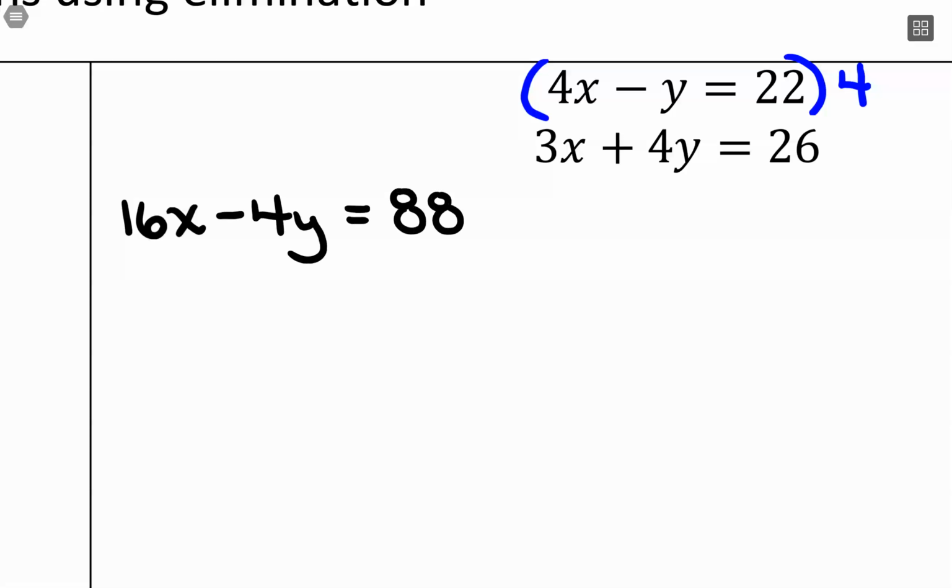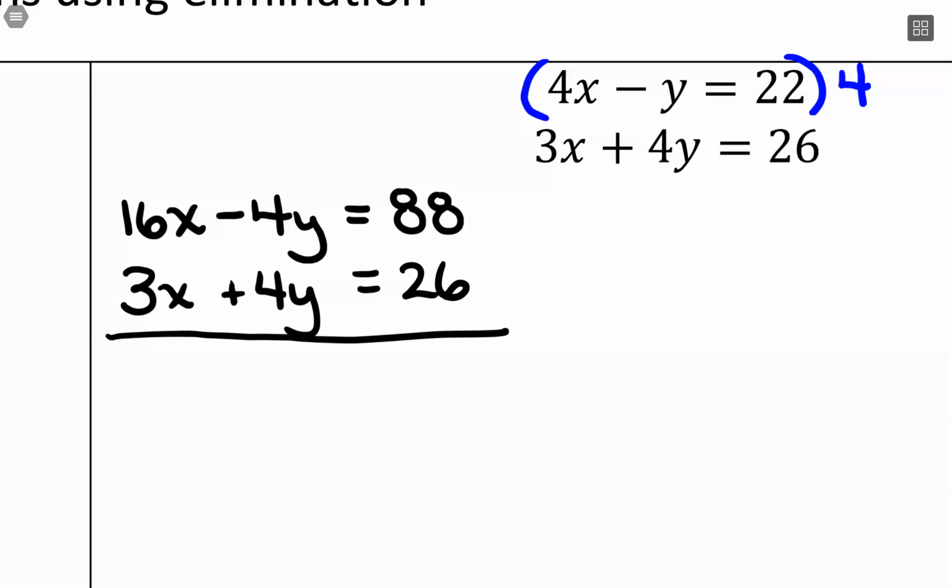This isn't strictly great math notation here, but the idea is that I distribute it to every single term inside that equation. But in the end, these are the same lines because it's just multiplied by a value. And then I'm going to have my second equation, which I'm keeping exactly the same. Now, if I go and add this together, great things are going to happen.